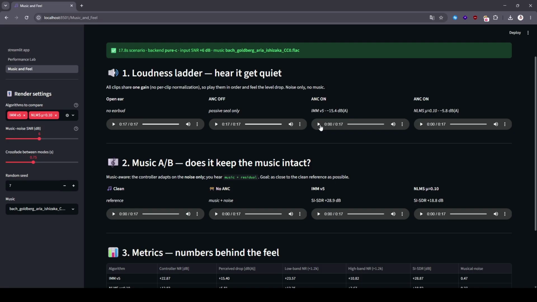So here is the IMM V5. And here is the NLMS.